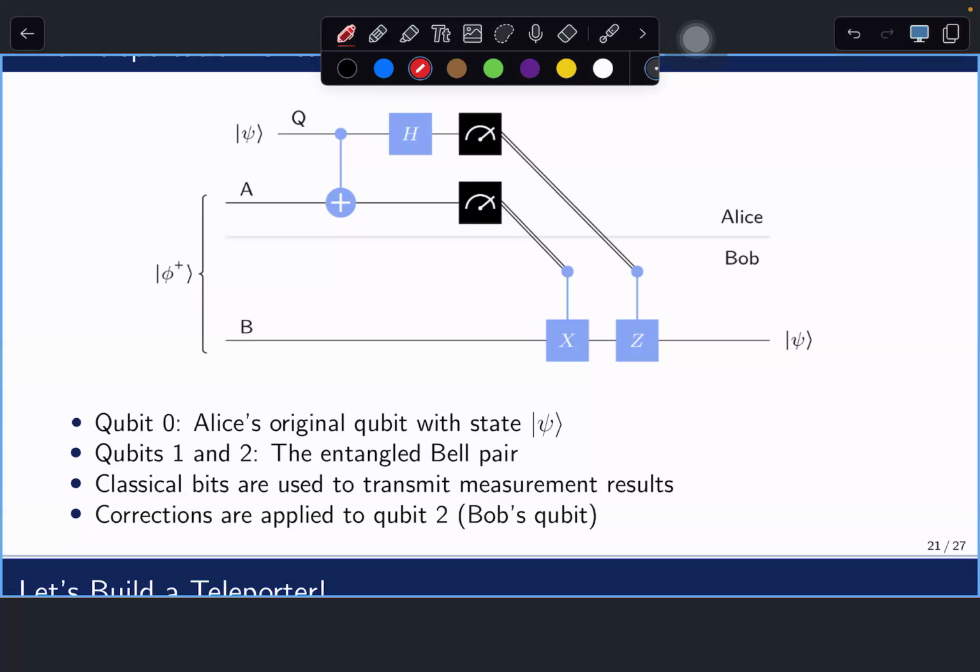I will draw the whole circuit for you guys. The missing part is we have the Hadamard gate and the CX gate to actually create the Bell state, if our input is 0, 0 here.